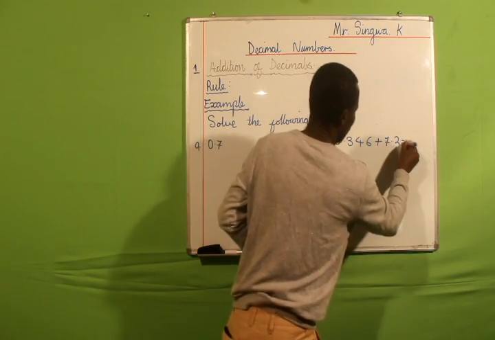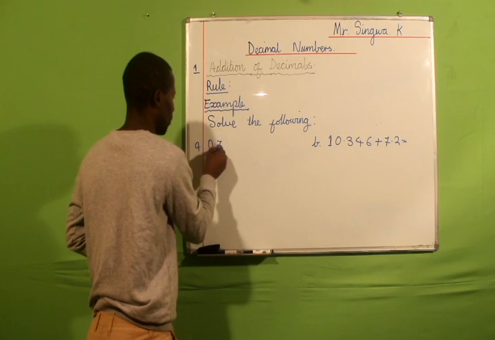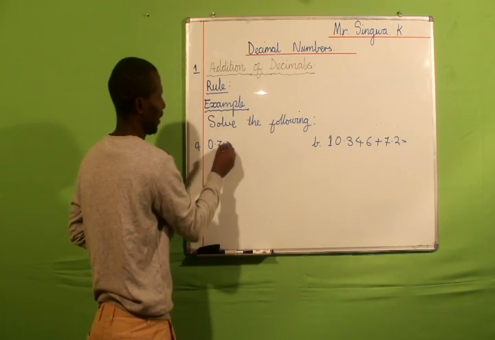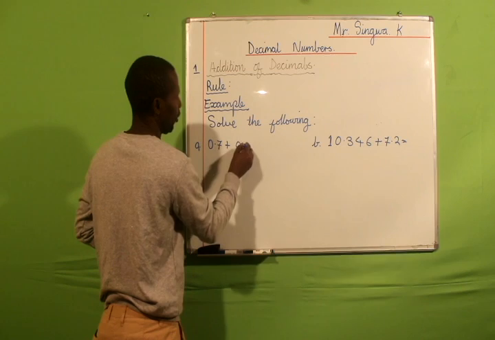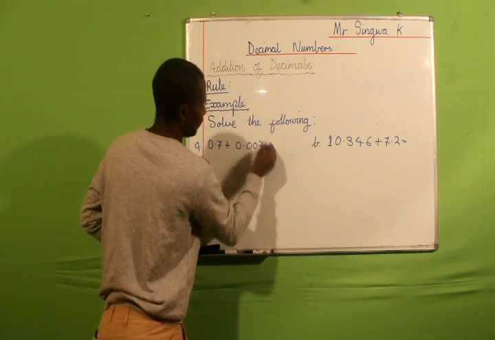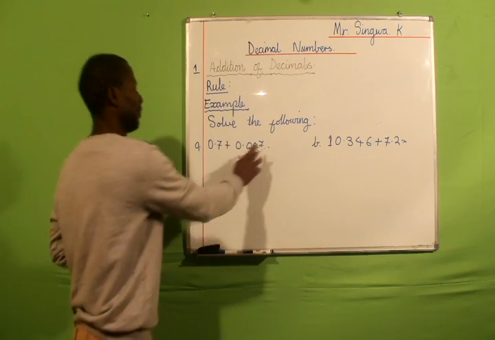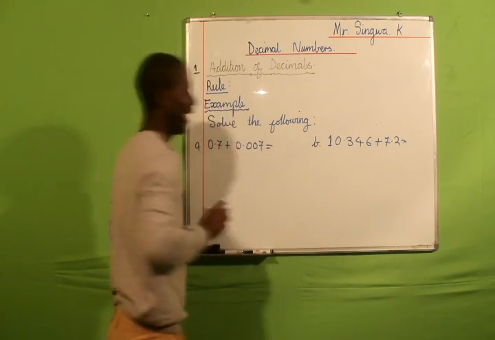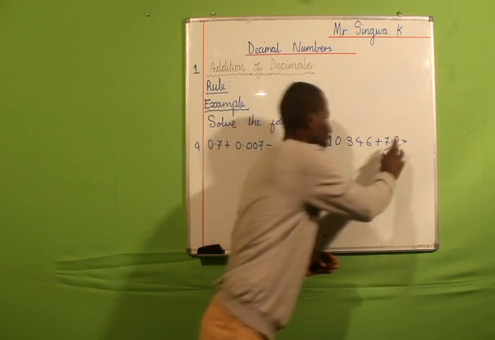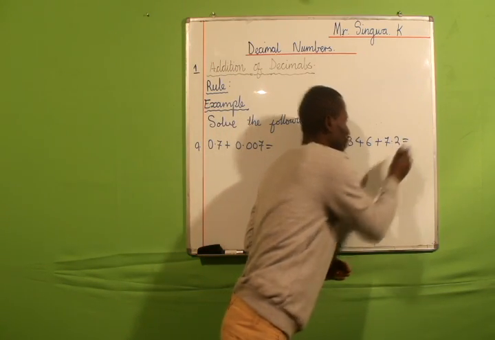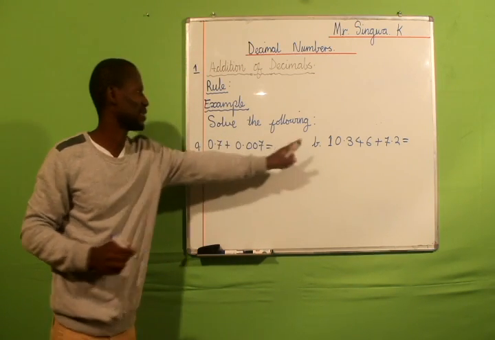And example B is 0.7 plus 0.007. I deliberately give you these two as examples. Example A, example B.